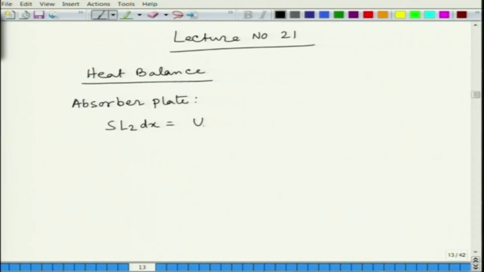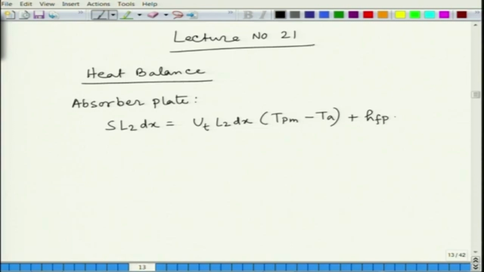And what will be the losses? First one will be the loss towards the top, that means U_T L2 dx multiplied by the delta T, which is T_pm, the absorber plate mean temperature, minus the ambient temperature, plus the term where the absorber plate will lose heat to the fluid or air which is flowing at the bottom.